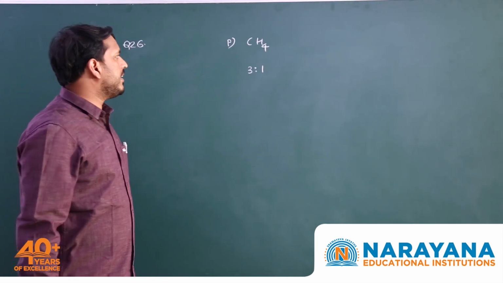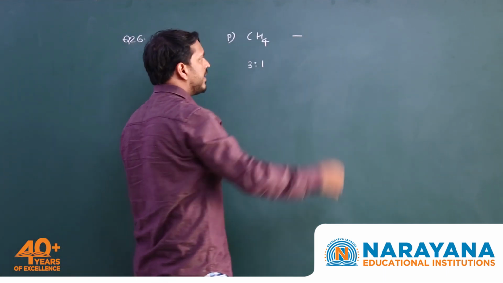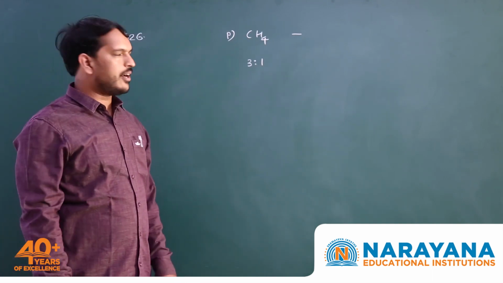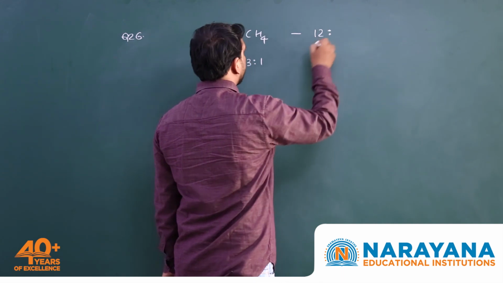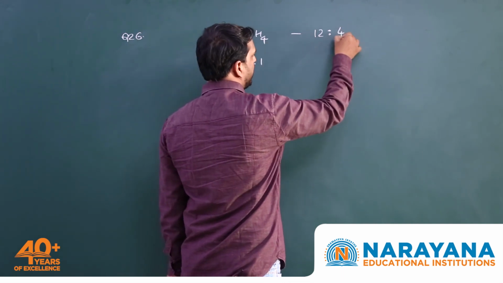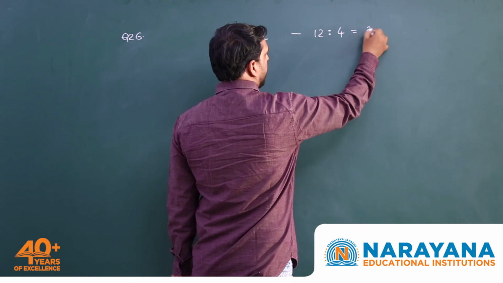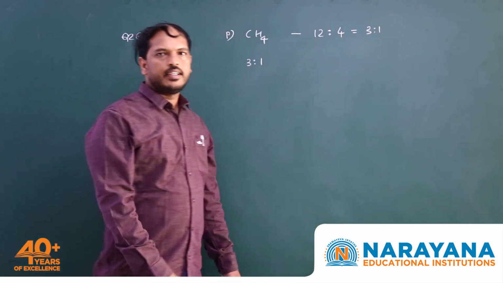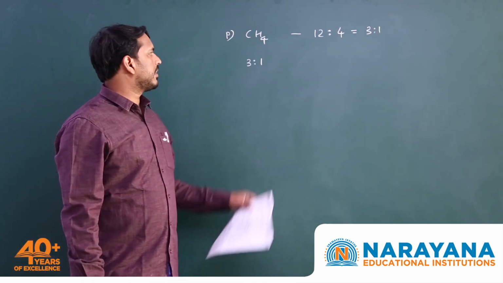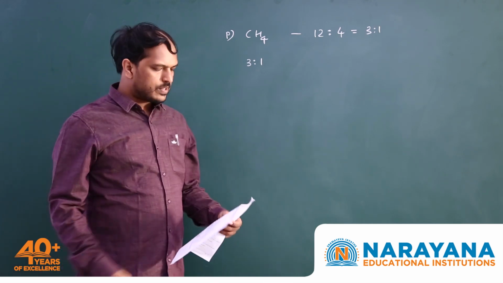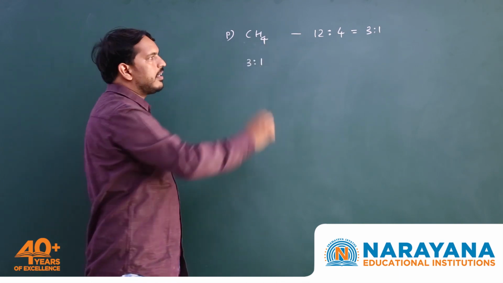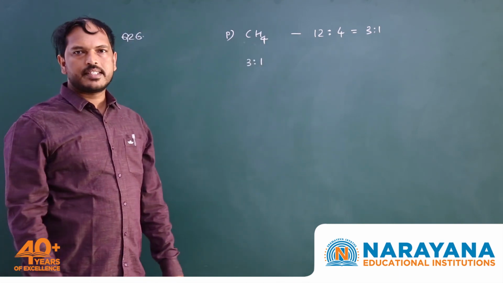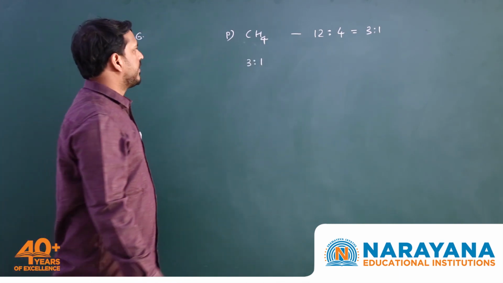Now, if you calculate the theoretical weight ratio of carbon and hydrogen, 1 mole carbon is 12 grams, 4 moles of hydrogen is 4 grams, that is again 3:1. What is this law? This law supports the law of definite proportion, which says that in a compound the weight ratio of two elements is always constant.